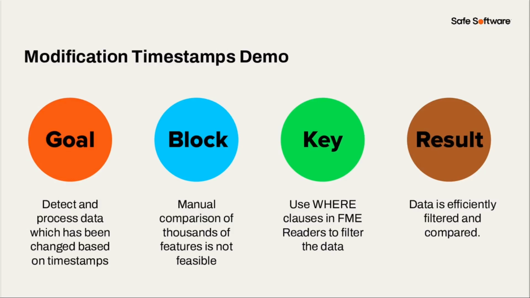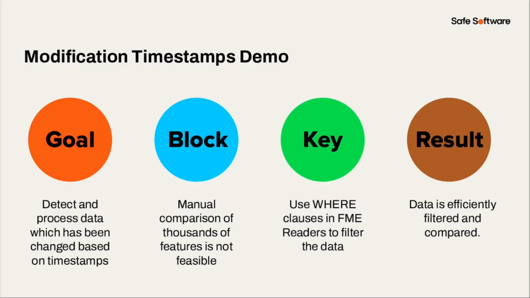Before we get into our modification timestamps demo, I'm just going to talk quickly over our goal, our block, our key, and our result. Our goal is to detect and process only the data that has changed using timestamps as the basis of it all.